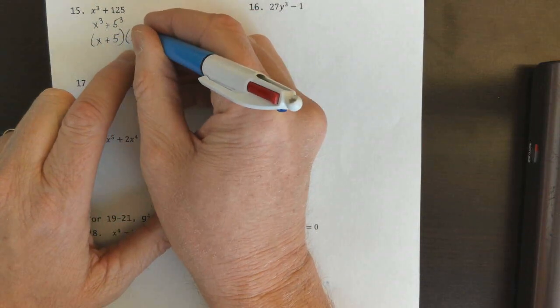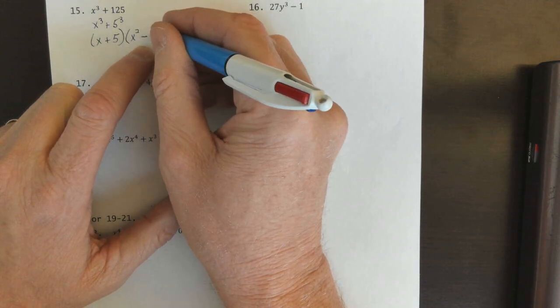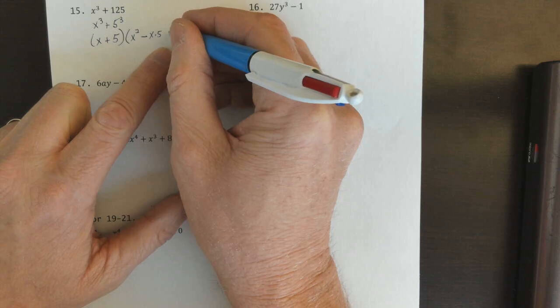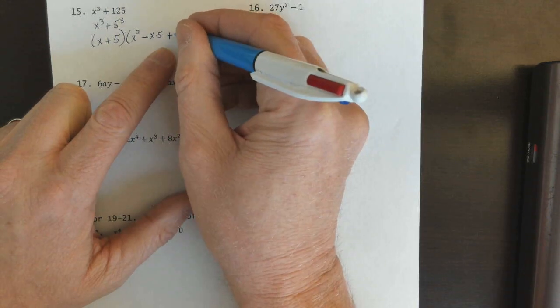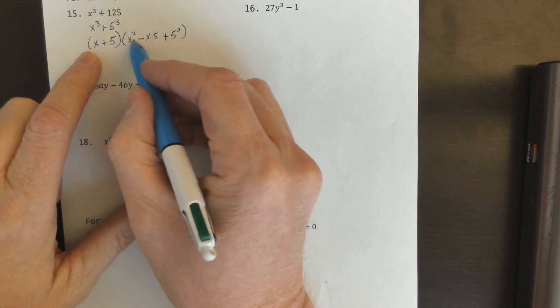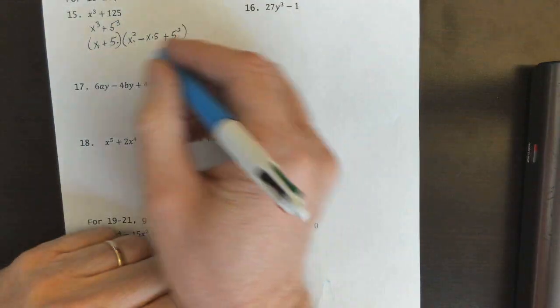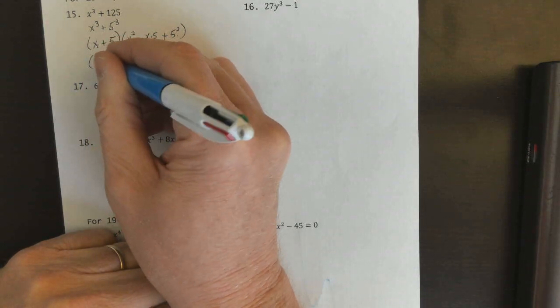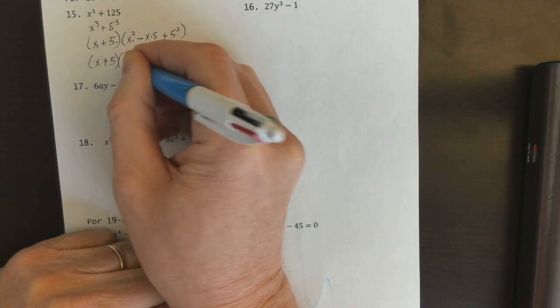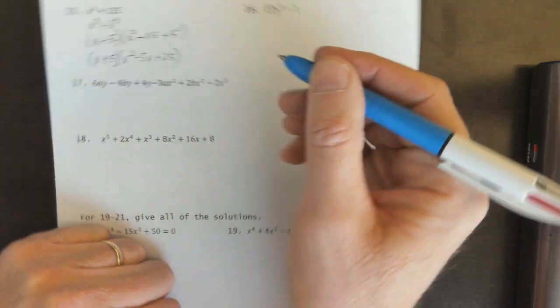Okay, I'm going to write x squared, opposite, x times 5, always positive, 5 squared. So always square it, multiply them together, and then square. And my final answer, I'll write x plus 5 times x squared minus 5x plus 25.